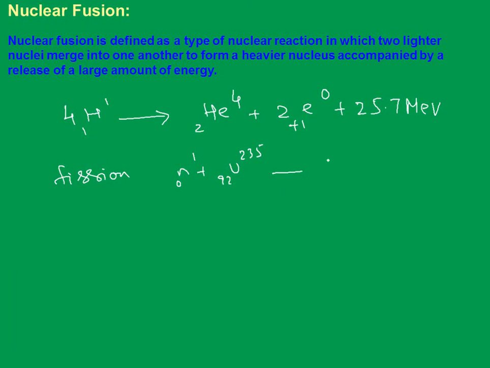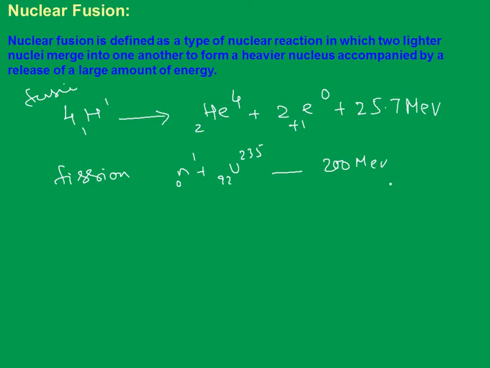In the fusion we got 25.7 MeV. I am speaking about the total energy. Now think about the energy per nucleon.